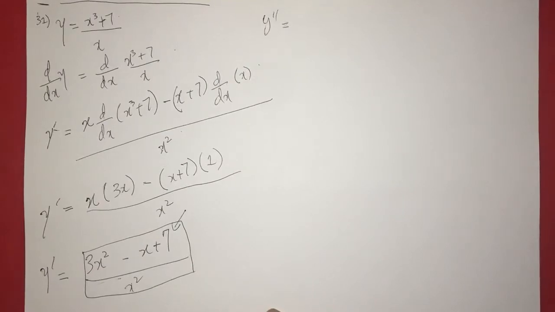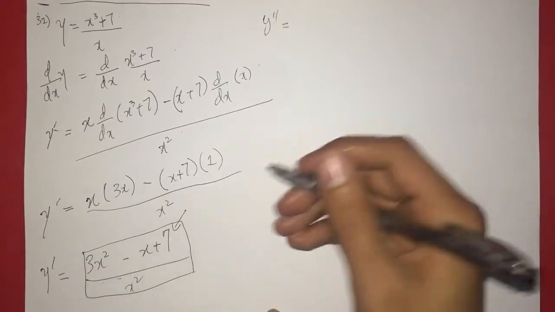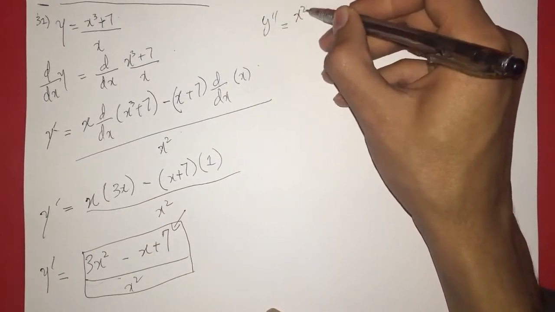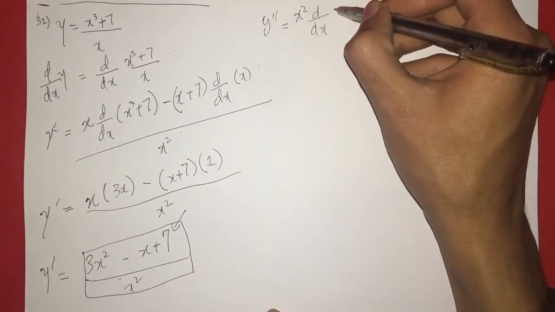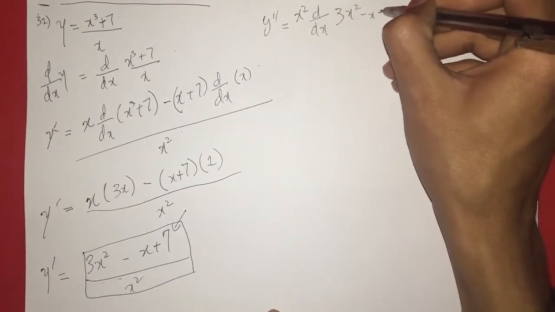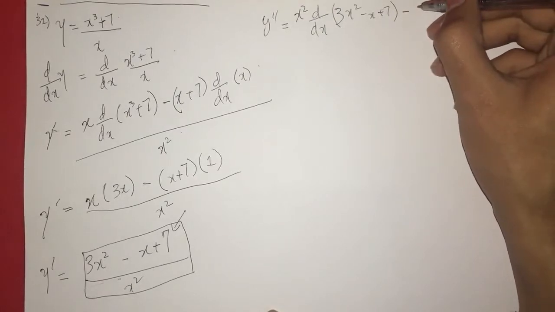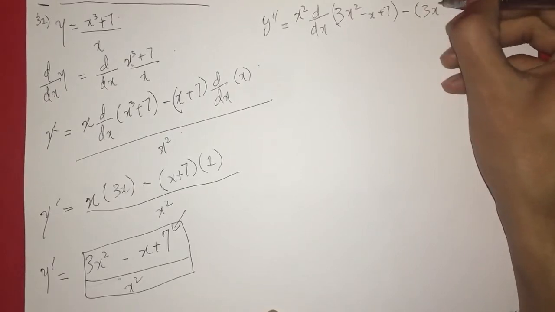We again have to use the quotient rule: the denominator times the derivative of the numerator, which is 3x squared minus x cubed plus 7, and then minus the numerator.